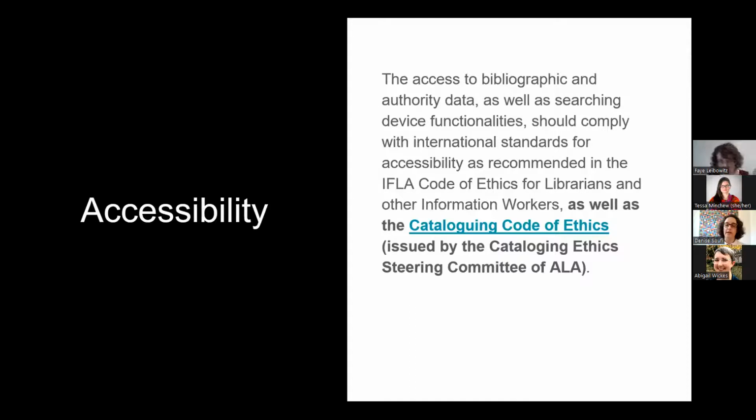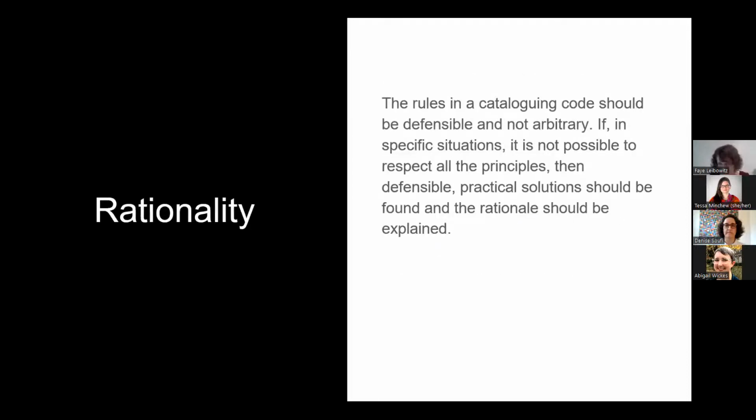We have included the Cataloging Code of Ethics in addition to the IFLA Code of Ethics in evaluating the accessibility of the ORC code. We intend to respect IFLA principles as far as possible in the ORC code, but recognize that there are instances where we may have to deviate from some of them in order to fulfill others of higher priority. We intend those infrequent deviations to be rational, not arbitrary.